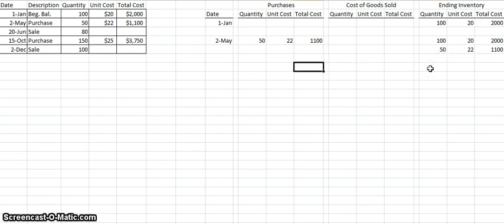Alright, so now let's go back over, and this is when we had our first sale on June the 20th. So we sold 80 units. Well, this is LIFO now. So the last in is the first out. The last thing I have in inventory, the most recent purchase, is the first one that is sold. So now I'm starting at these 50 units at $22 a piece.